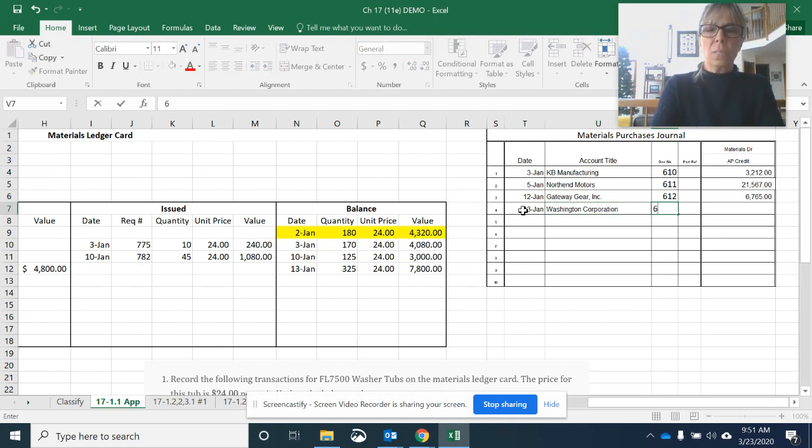This one is 613. Okay, so the purchase orders go in order. The amounts are typed in correctly. We're good to go. Yeah.